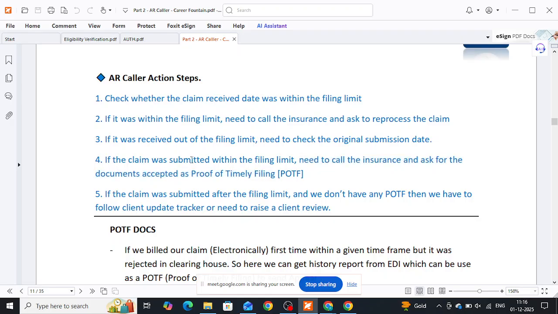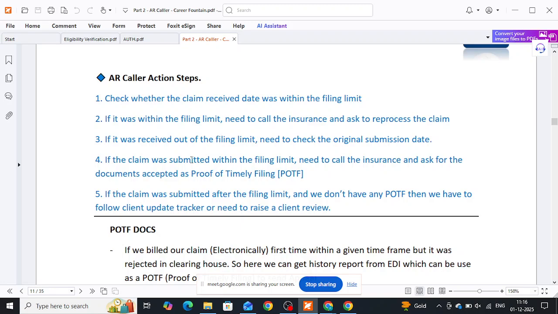In our clearinghouse, it shows that the first time we billed was within the given time frame. So that was our first try. We can use that clearinghouse history report as proof of timely filing limit, and we can send an appeal in that case.